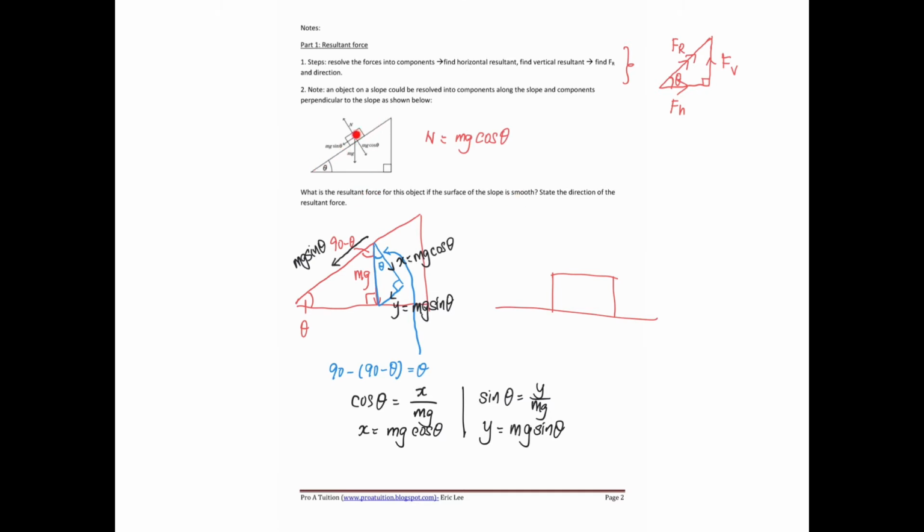The object moves down because of mg sine theta. No other forces oppose it. Friction opposes the motion, so there is no such value. If they ask what is the resultant force for the object if the surface of the slope is smooth, and to state the direction of the resultant force, this is the direction. The resultant force is mg sine theta. So we write down the resultant force: mg sine theta.